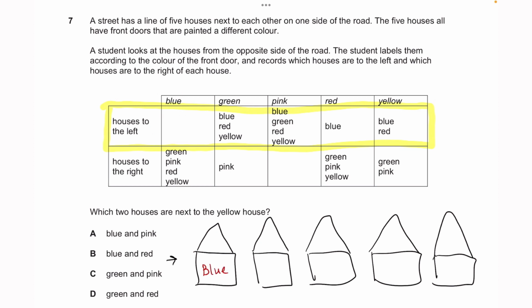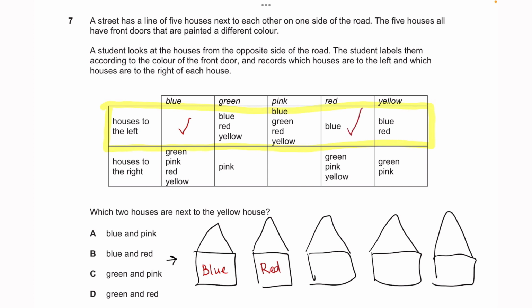Now if we have a look here, the red house only has to the left of it one house, which is the blue house. So that tells us the red house is actually next to the blue house. And so we've just completed this one.